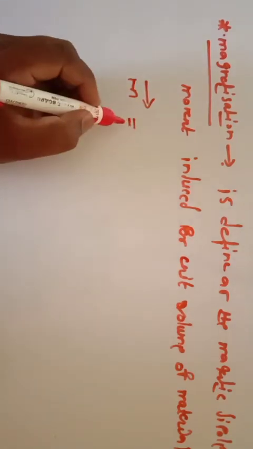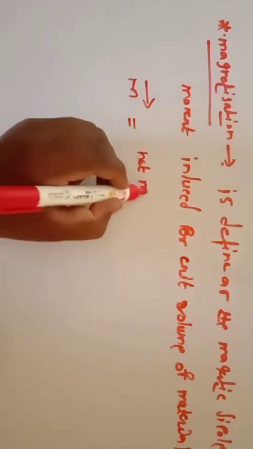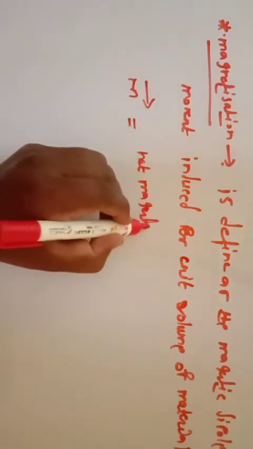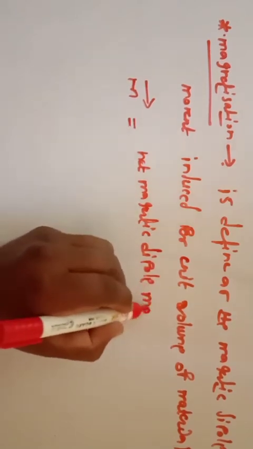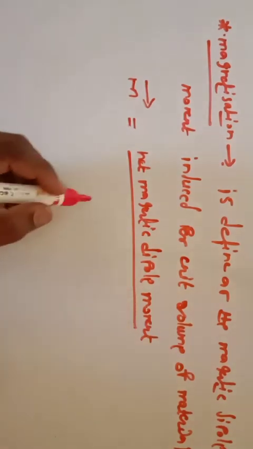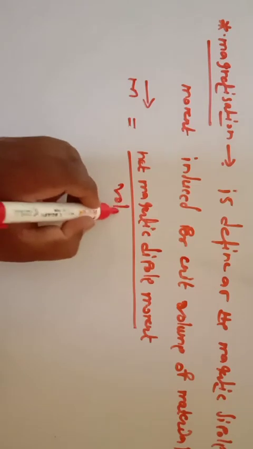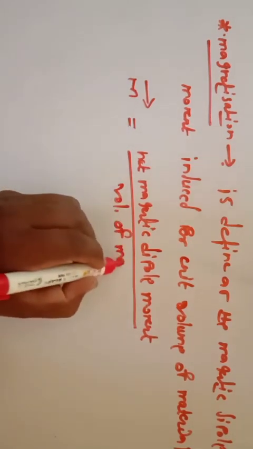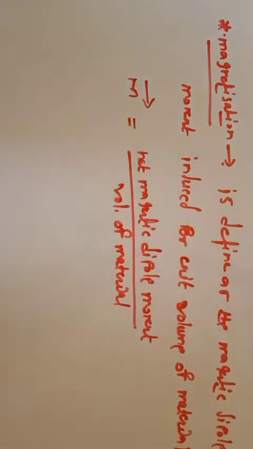Magnetization is the ratio of net magnetic dipole moment to the volume of material, so net magnetic dipole moment divided by the volume of material.